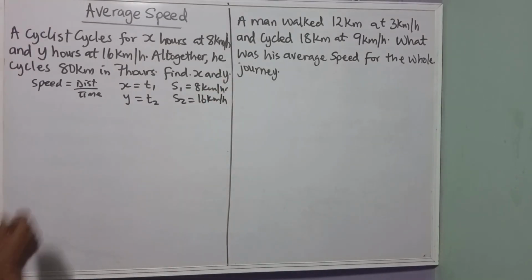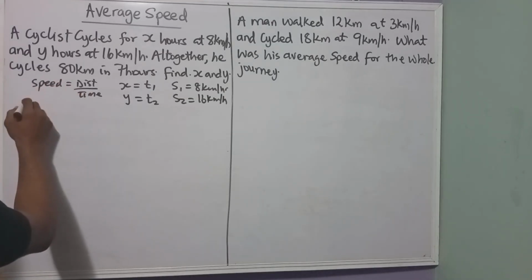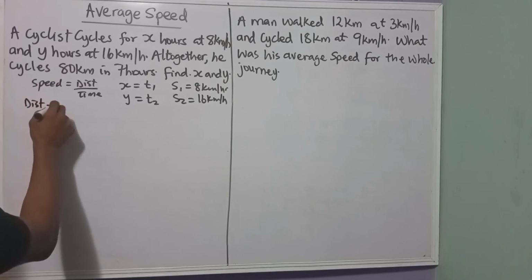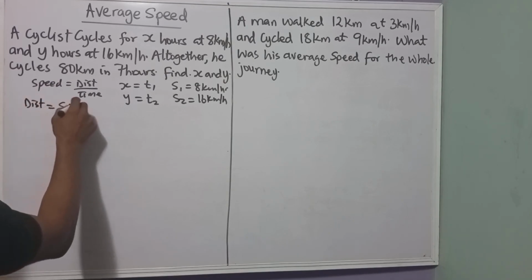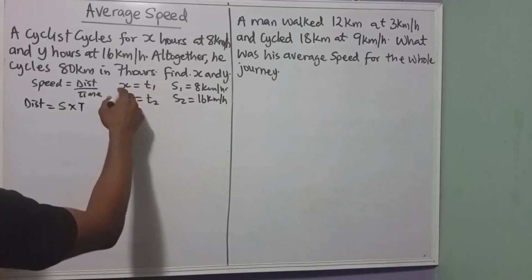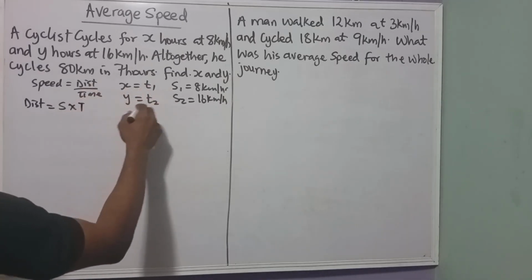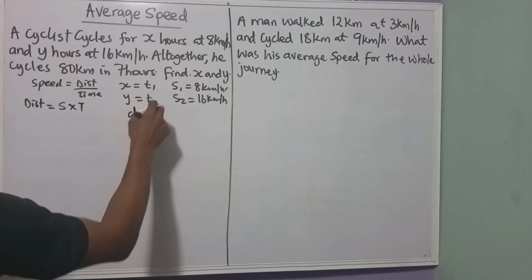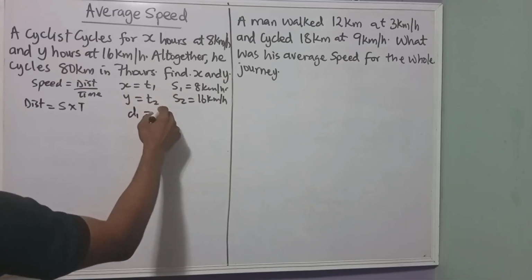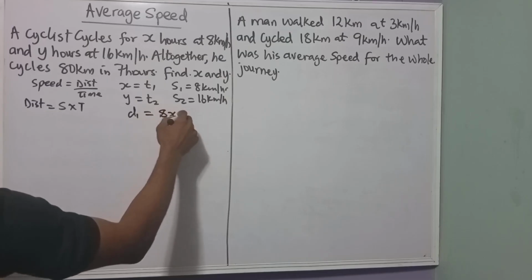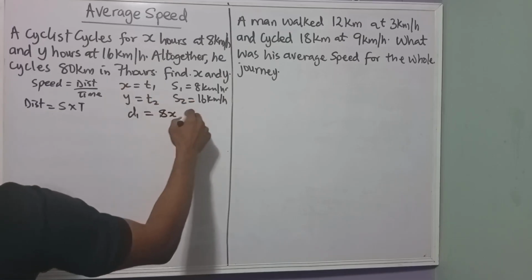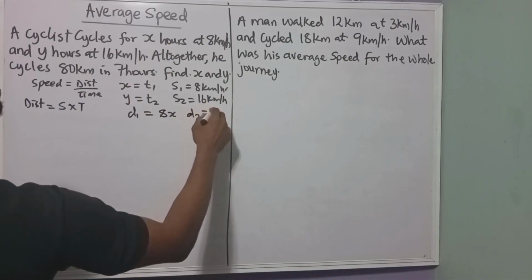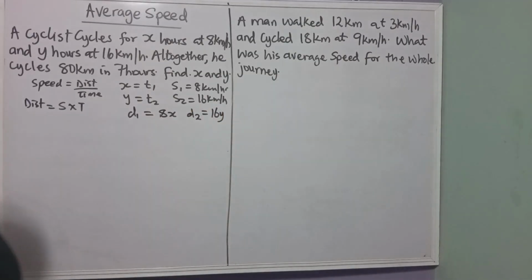So from here we know that distance equals speed times time. So D1 will become 8x, and D2 will become 16y.